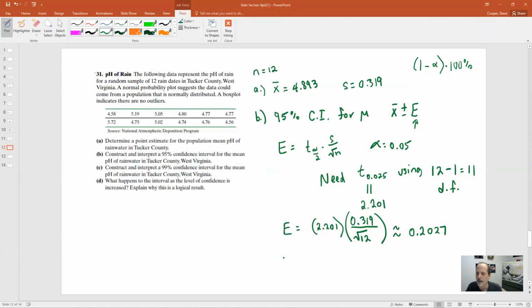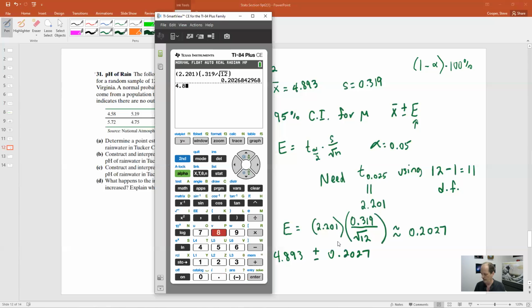Okay, so our lower and upper band is going to be 4.893 plus and minus 0.2027. Okay, so our lower band is 4.693. And our upper band is 5.0957.